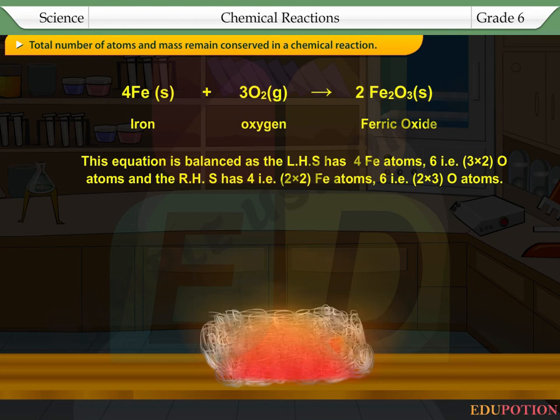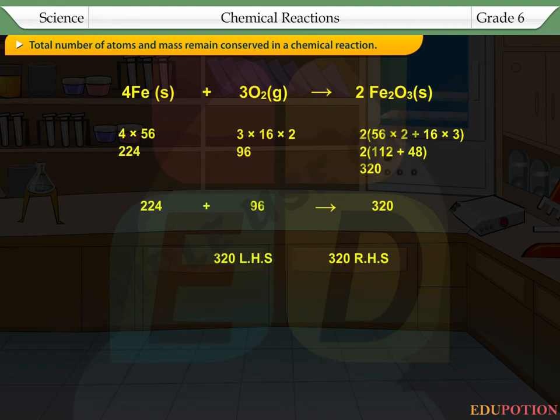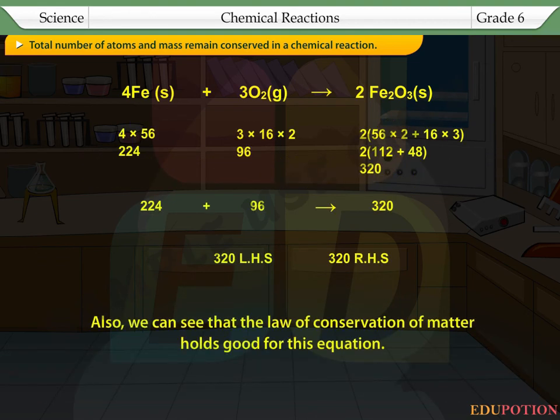Now let's see whether this equation follows the law of conservation of matter or not. As we can see, the law of conservation of matter holds good for this equation.